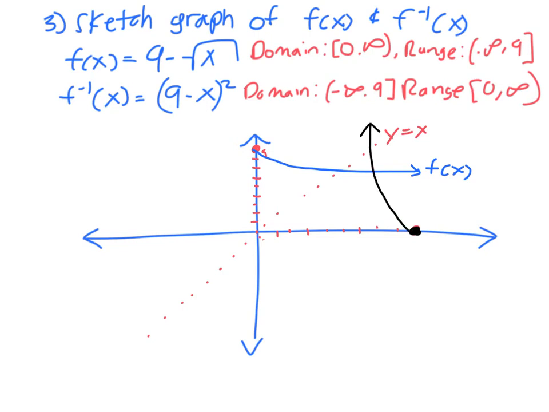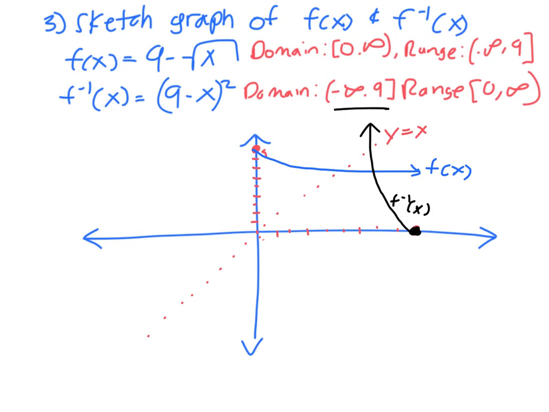If you can't see that by imagining you're folding your piece of paper, you can always graph this by using transformations as well. But if you were to do that using transformations, you need to remember that you only have one side of the graph here.